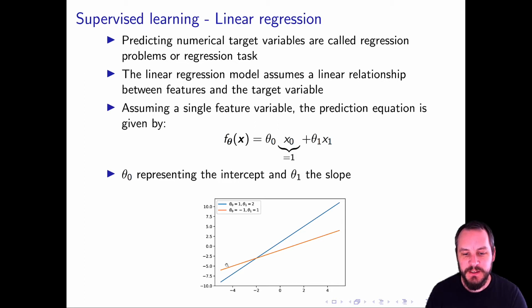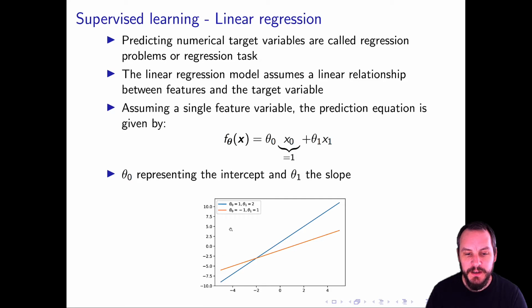So you can see best what's meant by this visually. Depending on how you set the parameters, the intercept as well as the slope of this linear functional relationship changes. If you increase the intercept, for instance, this leads to a parallel shift.